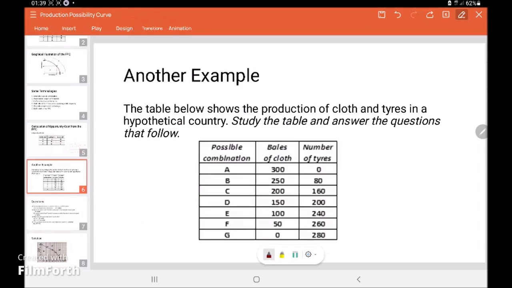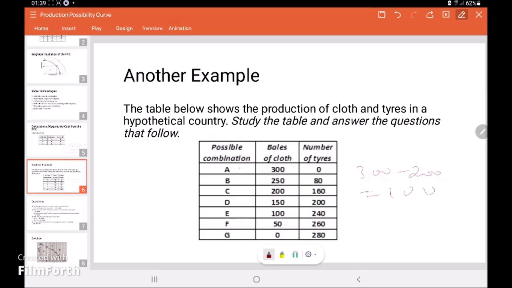So when you go to the table, you see that from point A to C, what are you sacrificing? You are sacrificing what? Bales of cloth, from 300 to 200. So that will be 300 minus 200. That gives us what? 100 bales of cloth. You have to sacrifice that in order to gain 160 units.